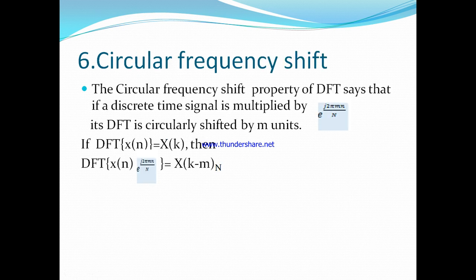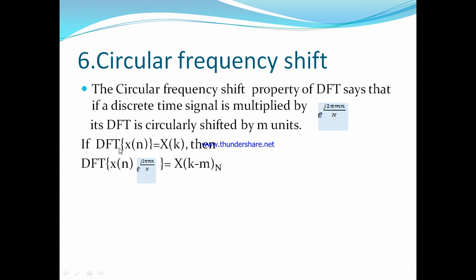So next one, circular frequency shift. The circular frequency shift property says that if a discrete time signal is multiplied by e power j 2 pi m n by N, then the DFT is circularly shifted by m units.